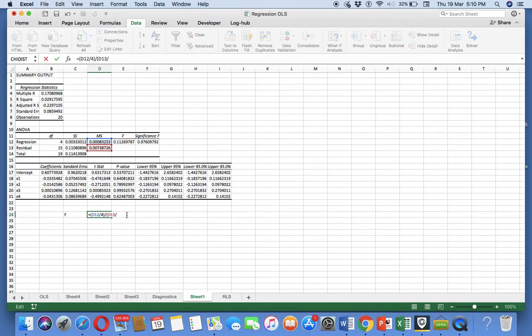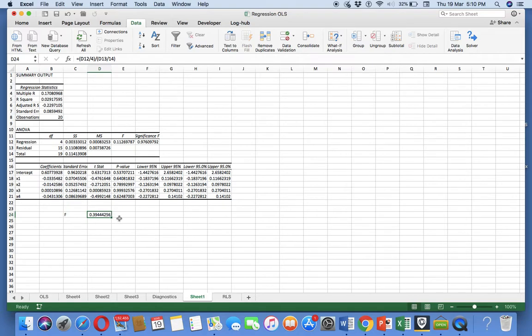So n is 20, p is 5. So 15 minus 1, 14. And for the Bruce-Pagan test, n minus p minus k at the degrees of freedom should follow an F distribution.